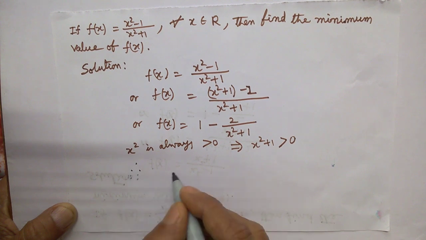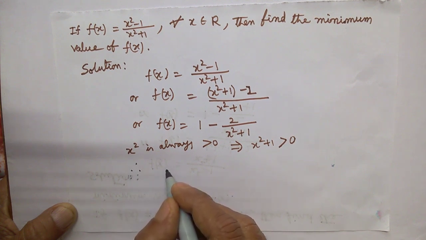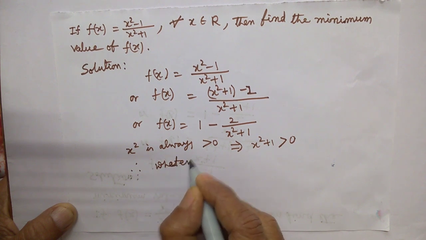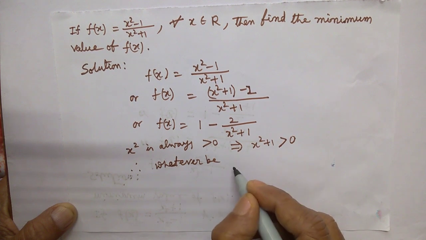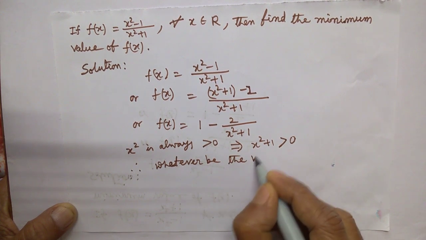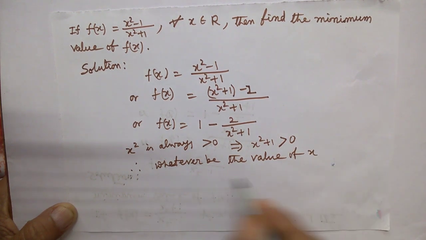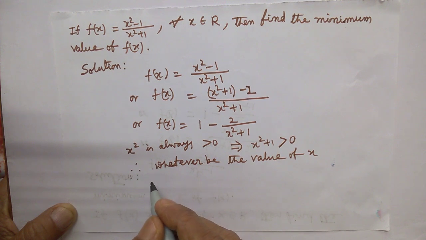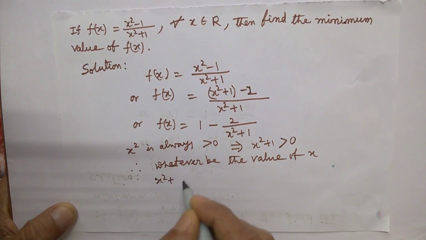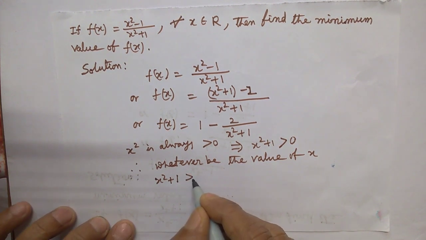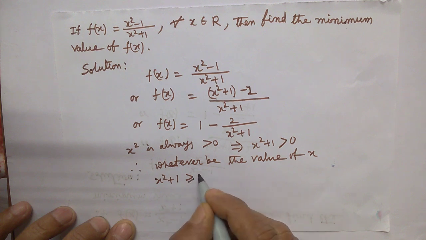So whatever be the value of x, x square plus 1 is greater than or equal to 1.